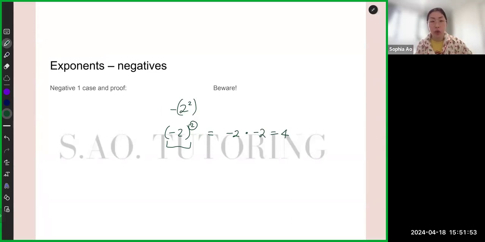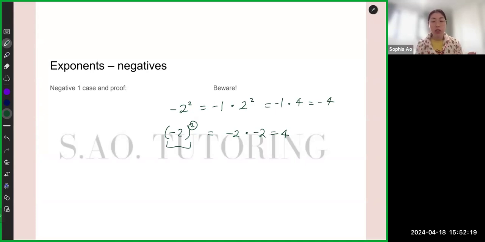So this is really actually just -1 times 2 to the power of 2, if that makes anyone feel better. So you get -1 times 4 and you get -4. So it's very important that people understand the placement of where those brackets are, the placement of that negative. It does make a difference to our final answer.